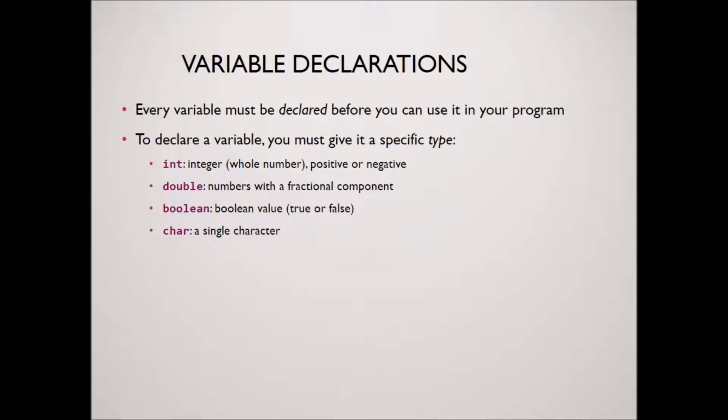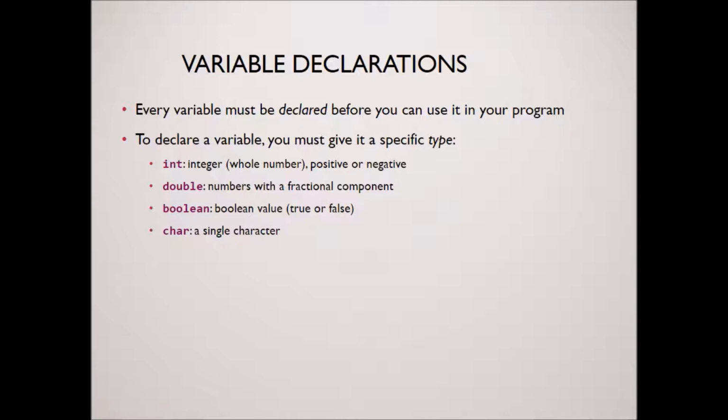So here are your types. Variables are integer, which can be either positive or negative, but it does not have any decimal points. Double, which is your floating point number, your number that has a decimal, a fractional component. Booleans are values that are either true or false.